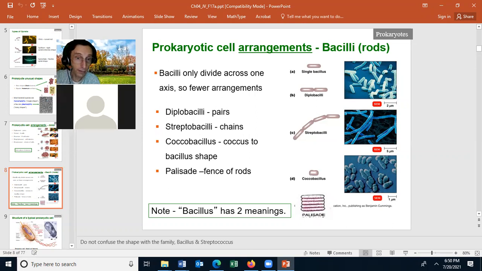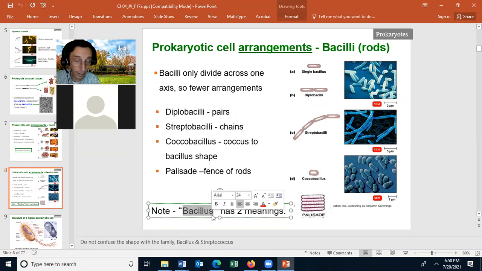Another thing I need to mention is that when we talk about the term bacillus, take a look and see if it is capitalized or if it is lowercase. If it is capitalized, we mean the family of Bacillus, like Bacillus megaterium. So it's a family of bacteria.